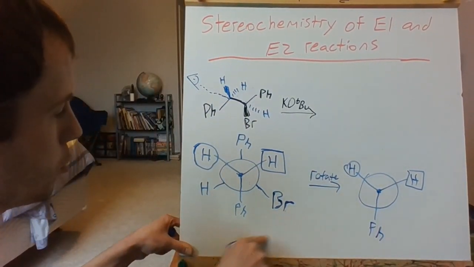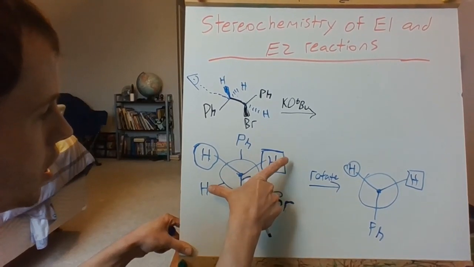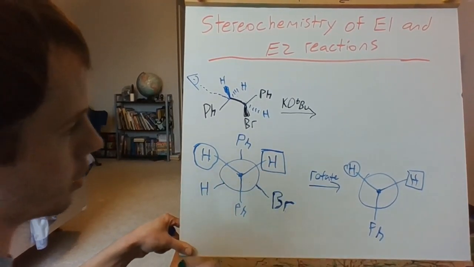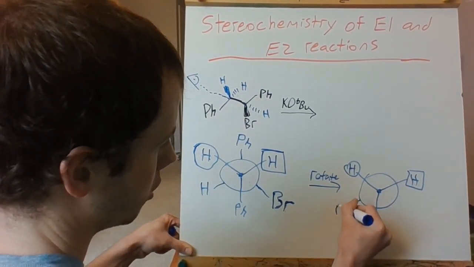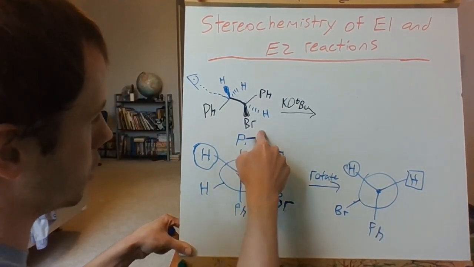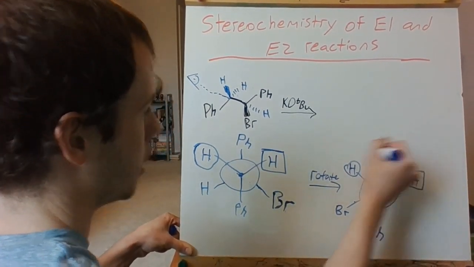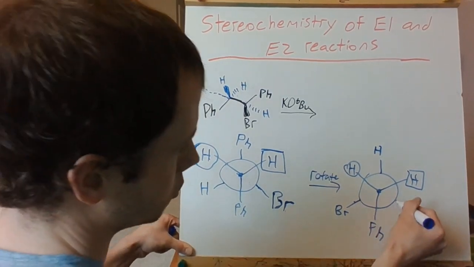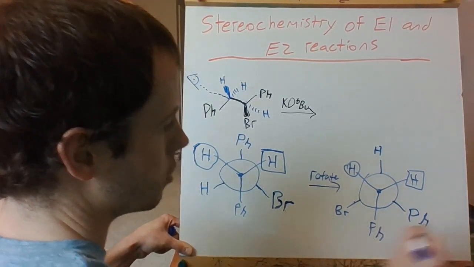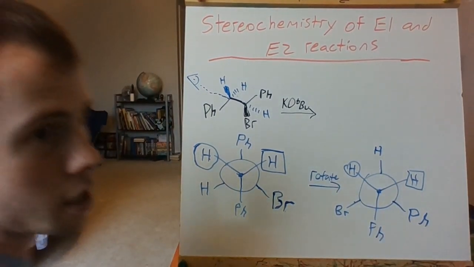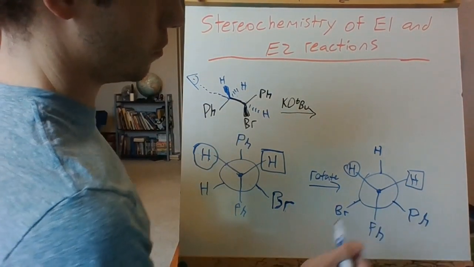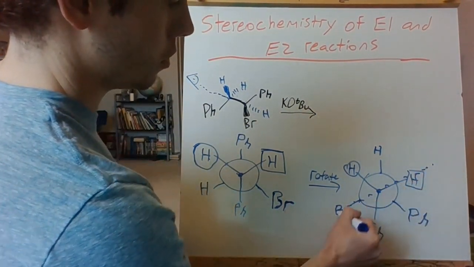Now I'm rotating my bromine over to here so that it can be anti to this hydrogen right here. And so my bromine is now here, my hydrogen is now up here, and my phenyl group is now over here.